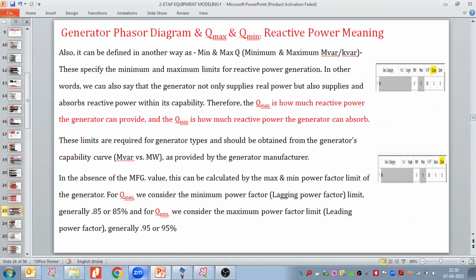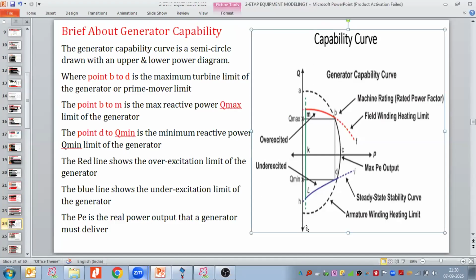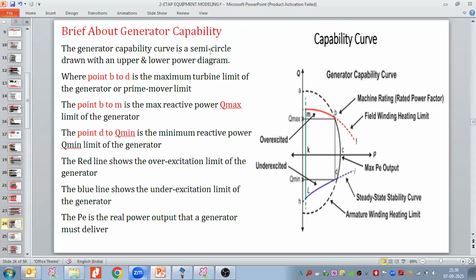And let us see a quick view of the generator capability curve, how it looks like. So you can see it is a generator capability curve, one example of the generator capability curve. The generator capability curve is a semicircle drawn with an upper and lower limit diagram.